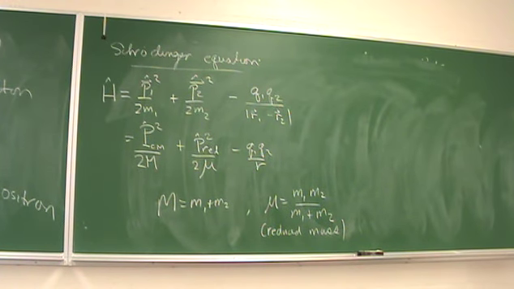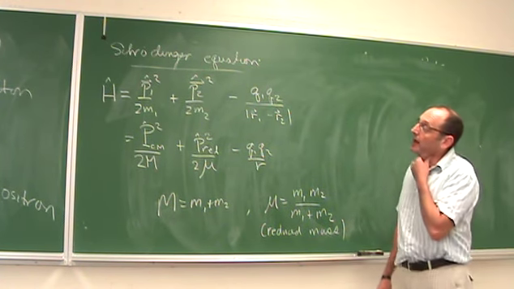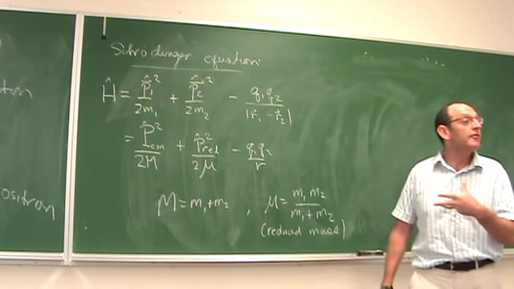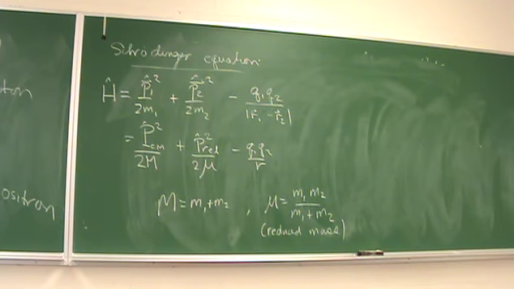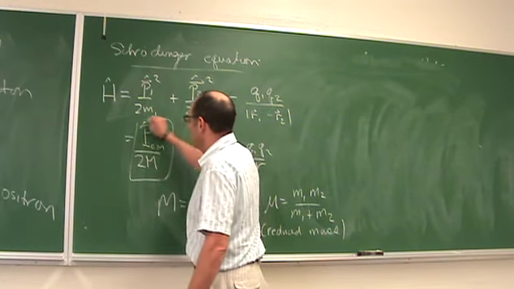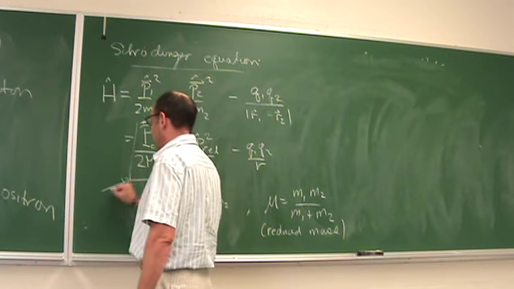Okay, so in this representation, for the forces that we've included, there are no other additional forces. What we see is that the center of mass is a free particle.